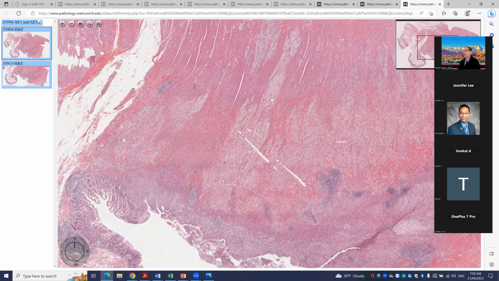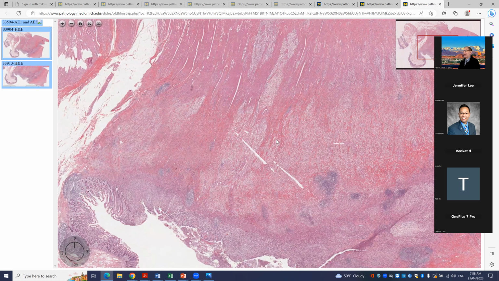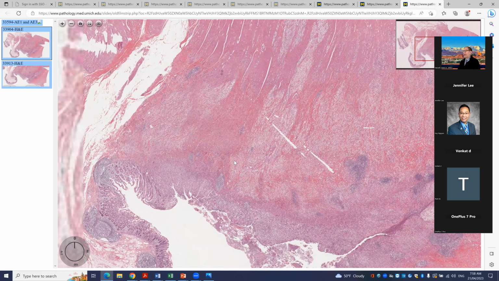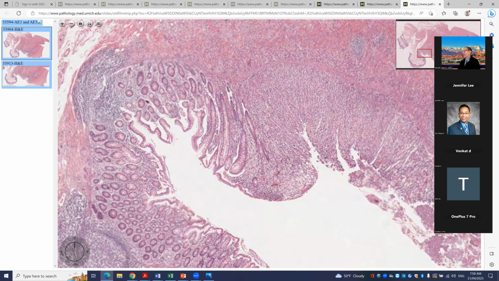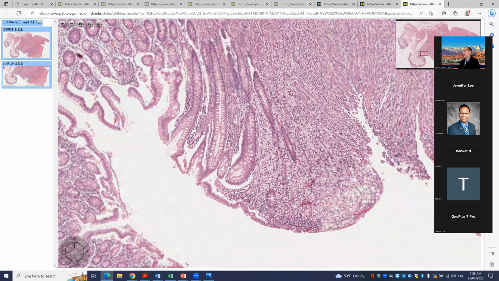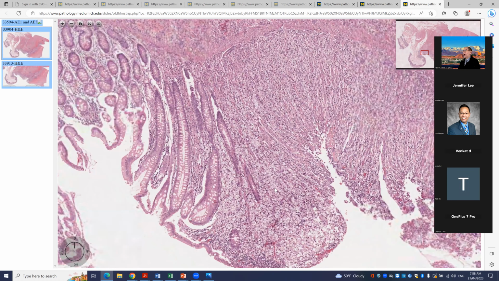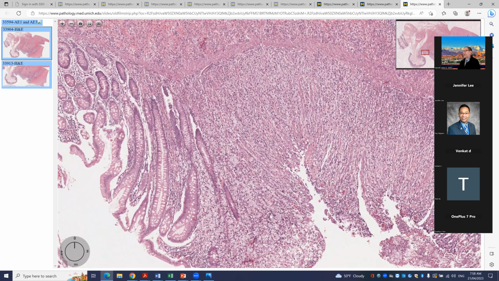Now, this is a florid case. Sometimes your lesions will be much less pronounced. As is often the case, the goblet cell carcinoid tumors will present in the submucosa or in the wall, and they will not, as this case does, have much of a mucosal component.